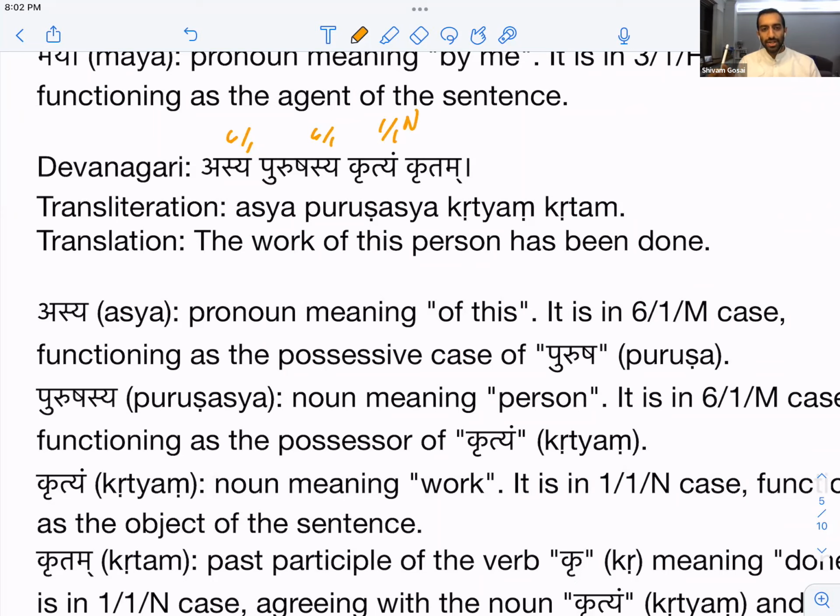This word Kritya, it is a Kṛdanta word, right? It is karmani in nature, and it has the additional meaning of should be. So this word means that which should be done.